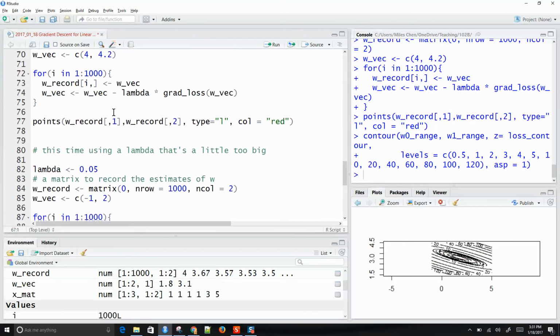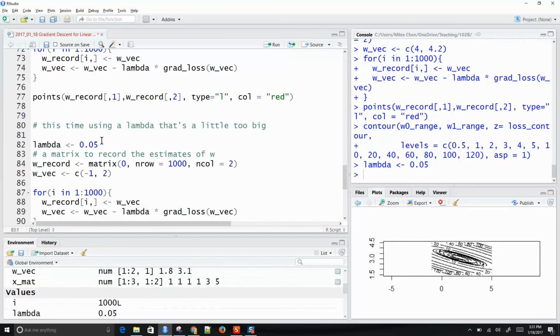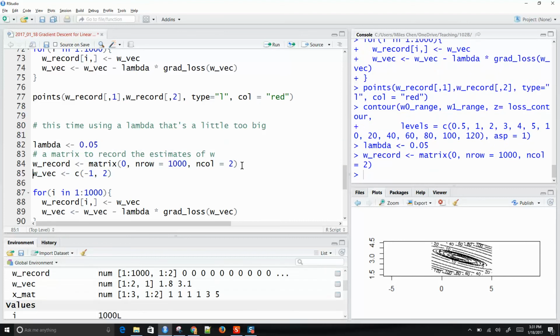Okay, one of the things about gradient descent is that we're using this lambda that says we want to make sure we're taking small steps. And so I wanted to show you what happens if we use a step size that's a little too big. So here my lambda is 0.05. I'm going to start off at -1, 2, and we're going to run this.